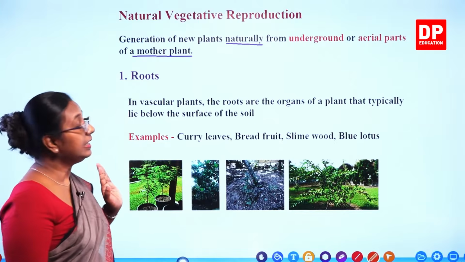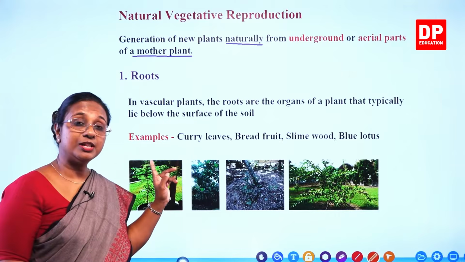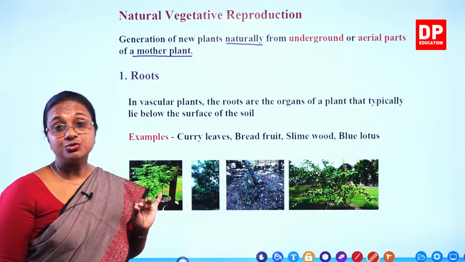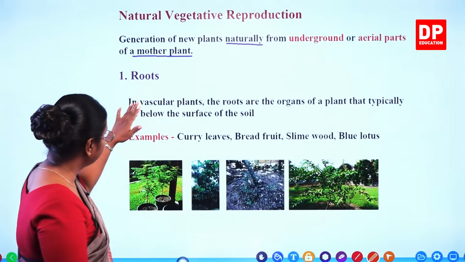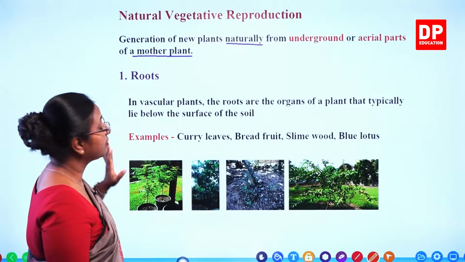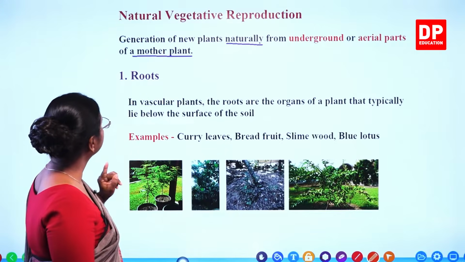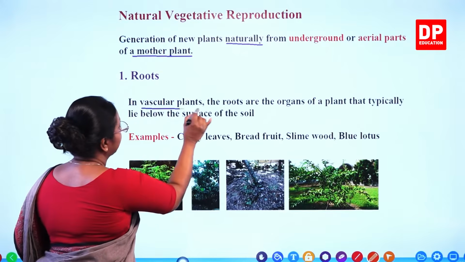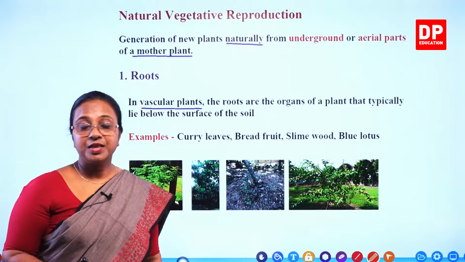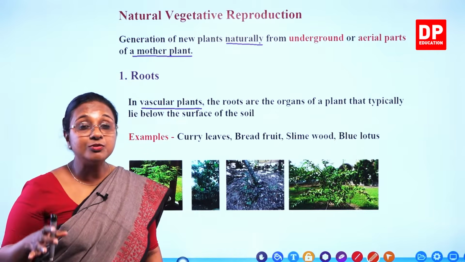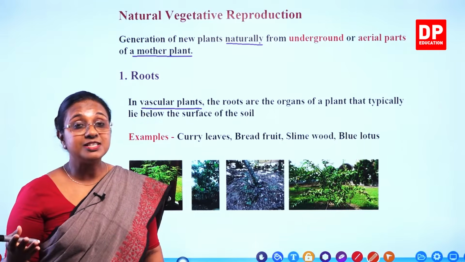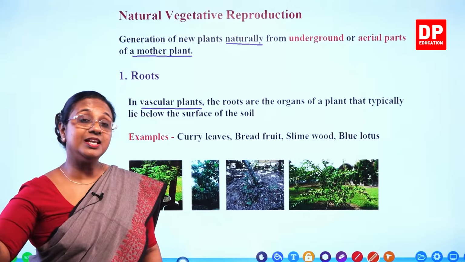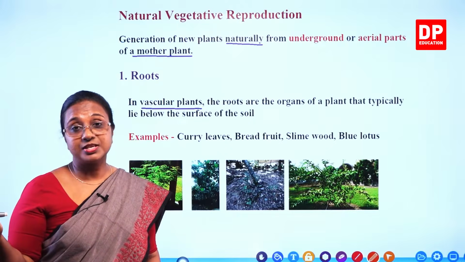There are so many vegetative parts. I told you all that the roots, the leaves and the stems can lead to vegetative reproduction. So, we will look at examples for each of these methods. The first one is roots. In vascular plants, what are vascular plants? You all can remember that. Plants that have a vascular tissue. Tissue differentiation, presence of vascular tissue, you all know it's seen in the evolutionary process.